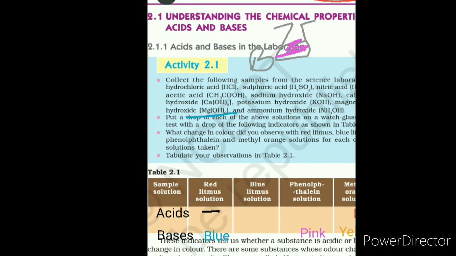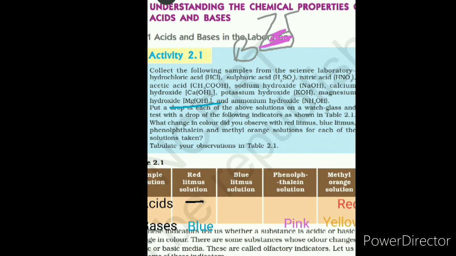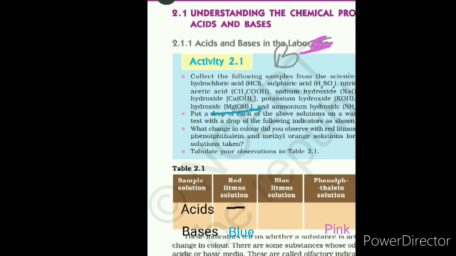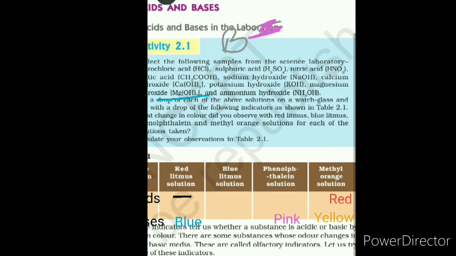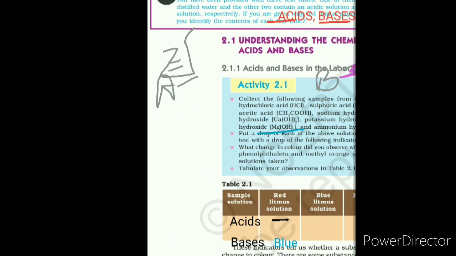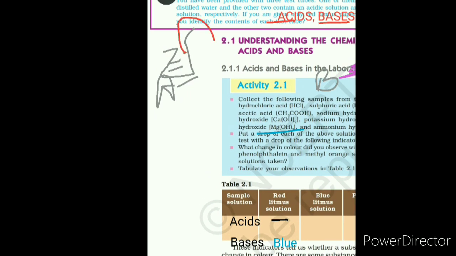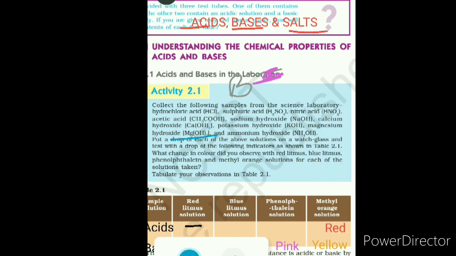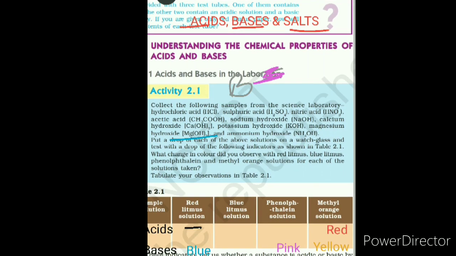By using another indicator, methyl orange, in acids such as hydrochloric acid, sulfuric acid or nitric acid, it is found that the color of the acid, when we add methyl orange, will become red in color. So when we add methyl orange to an acid, the acid solution becomes red. And when we add methyl orange to a base solution, the base solution will become orange in color.